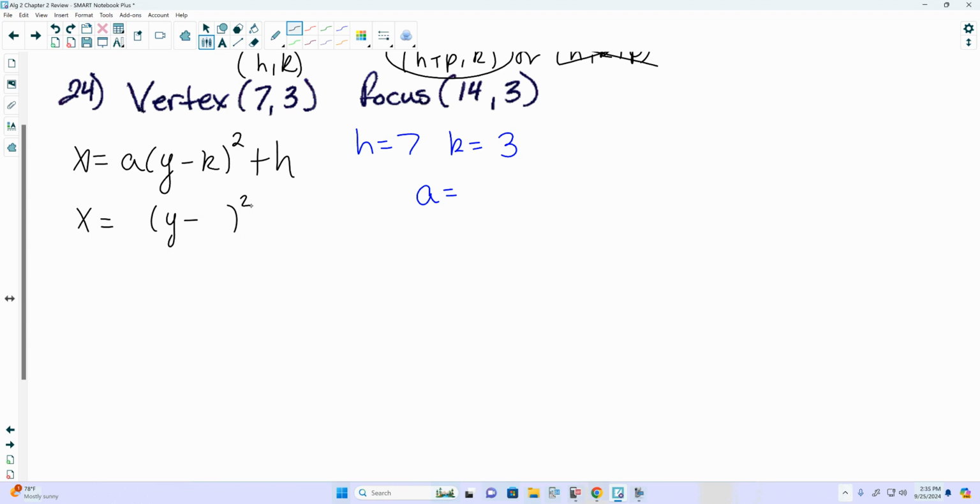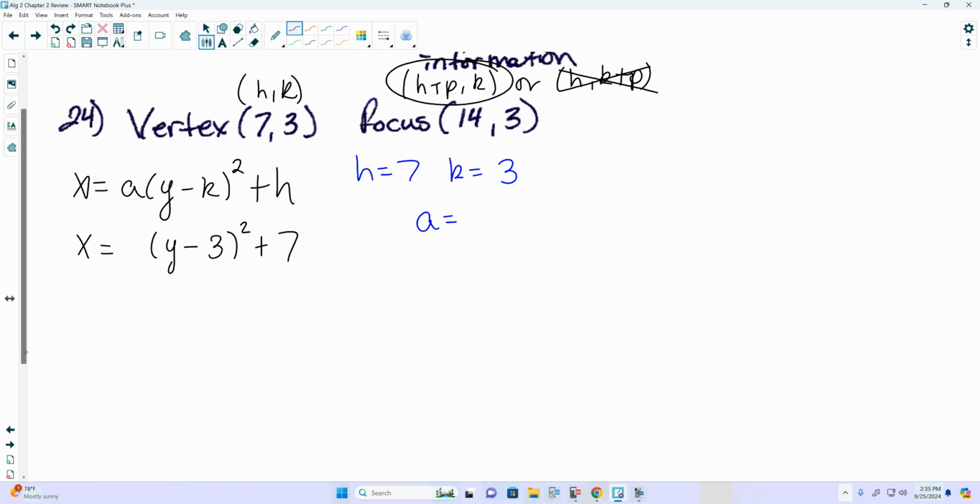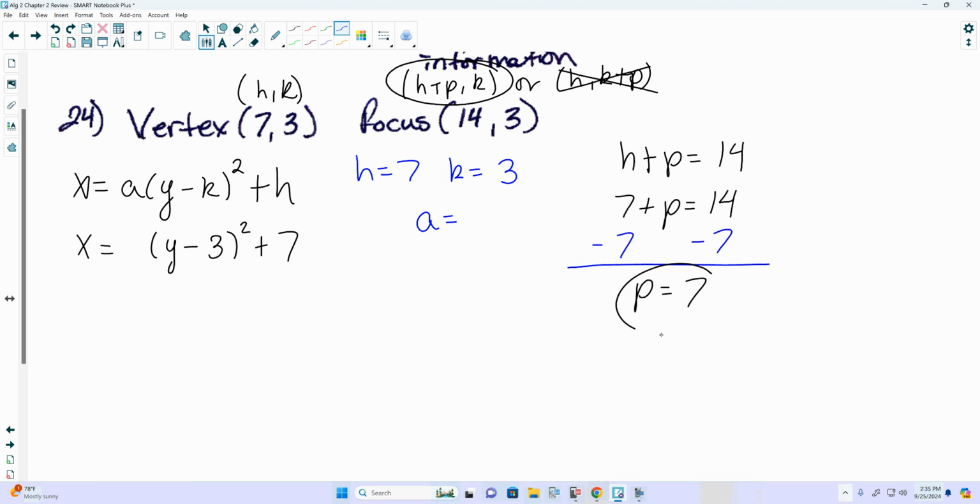So even if I took what I had at this point, we'd have y minus k, y minus 3 squared, plus h, plus 7. The only thing we're missing is the value of a. Now to find a, we need to find p. According to the general form, h plus p is equal to 14. Well, the value of h we found in the vertex to be 7. At this point we solve, we're going to subtract 7 from both sides, telling us p is 7. And again, the only reason we found p was to find a.